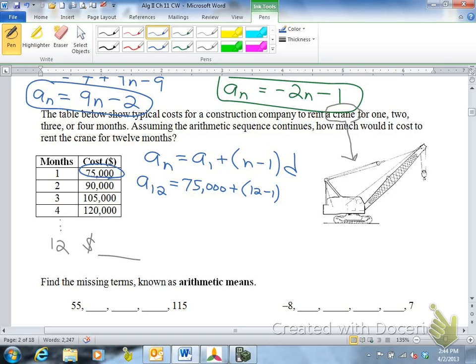And d is how do these numbers differ from one another? Well, if you look at them, they're changing by 15,000 each time. So you multiply by 15,000. So, simplifying that, you would get $240,000 is the cost for 12 months.